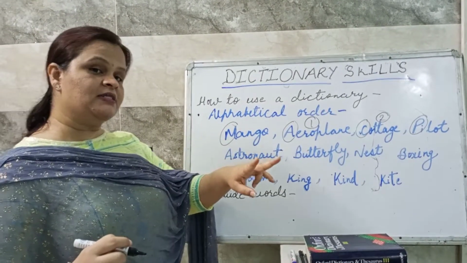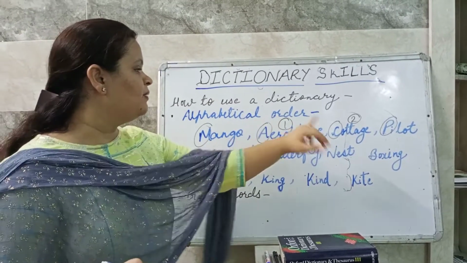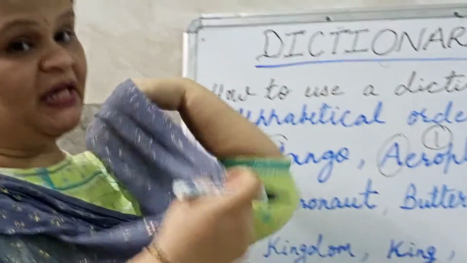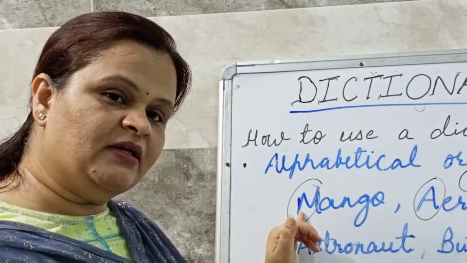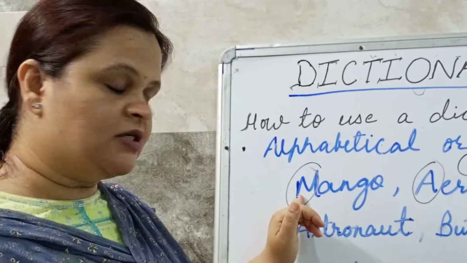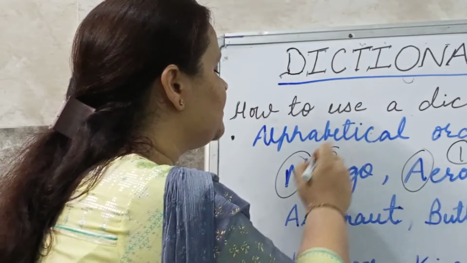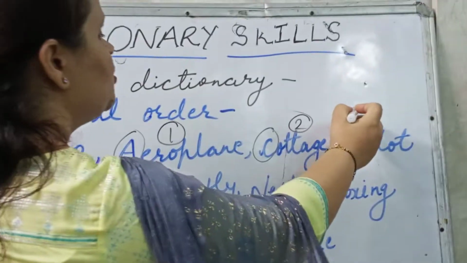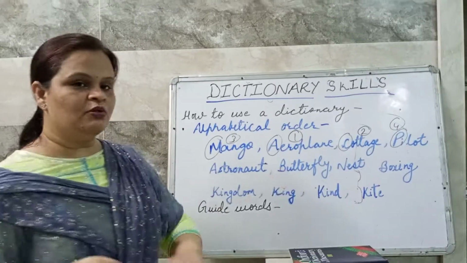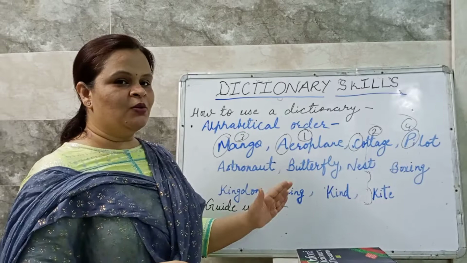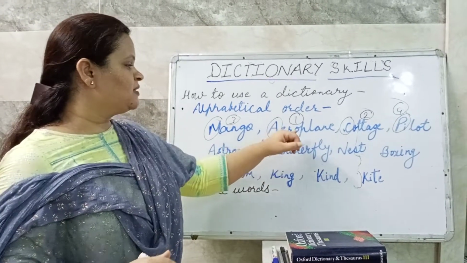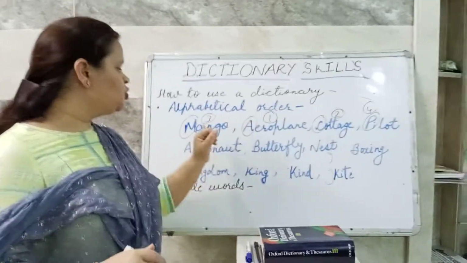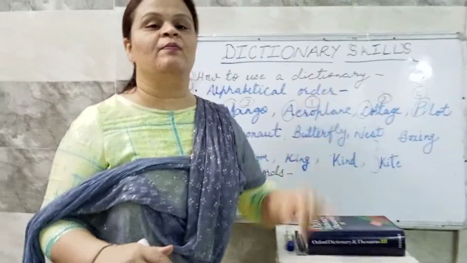Now 2 words are left, mango and pilot, M and P. M comes before P in ABCD, so mango comes third and pilot fourth. So the correct alphabetical arrangement is aeroplane, cottage, mango and pilot.